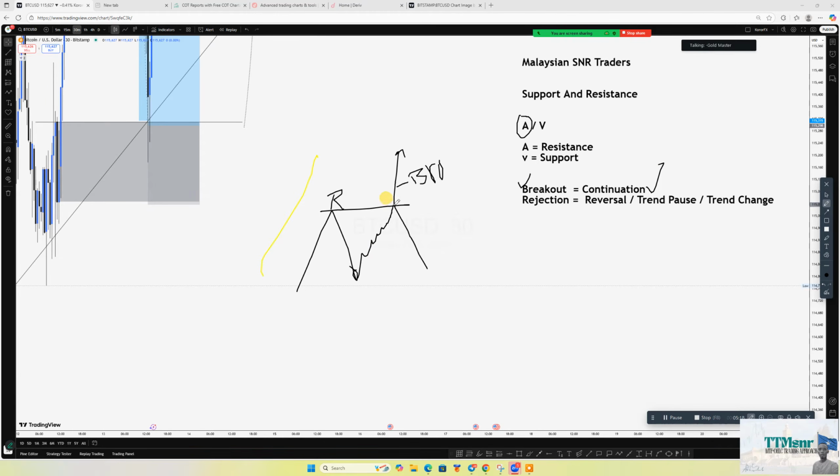And if the market retraces back, it means a rejection, and that setup will be a reversal. So this trend that was bullish will be paused, and it will change into a sell.